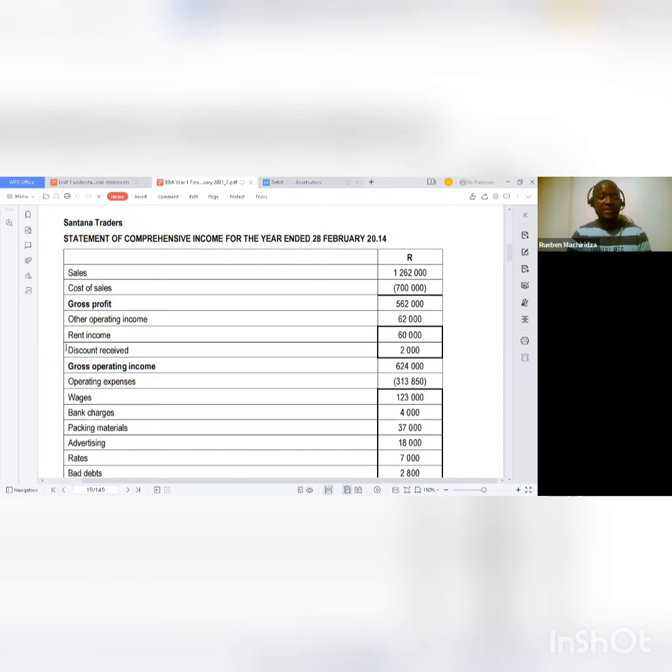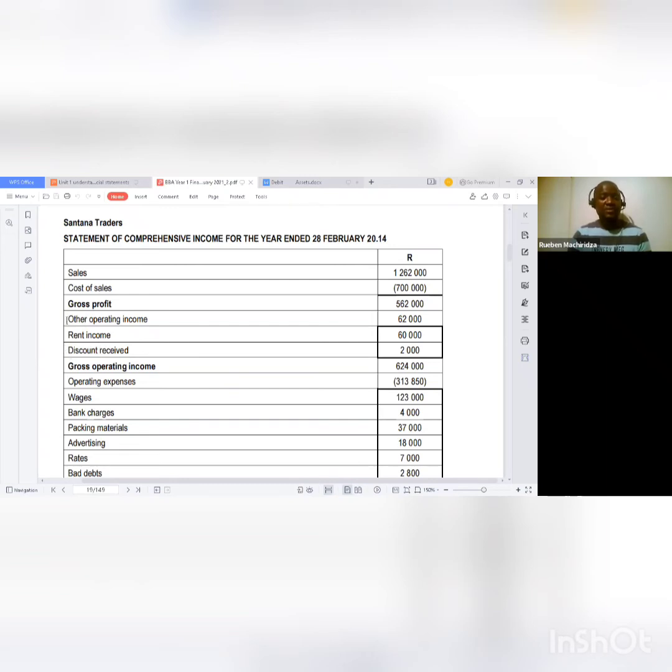The person can say, of these 5,000 that you are supposed to pay in 60 days, if you want to pay it today, we are going to reduce the amount by 2,000. And then the amount that we are supposed to pay is decreased. And that comes as an income to us because we were not expecting that money, but it came anyway. So it comes as an income.